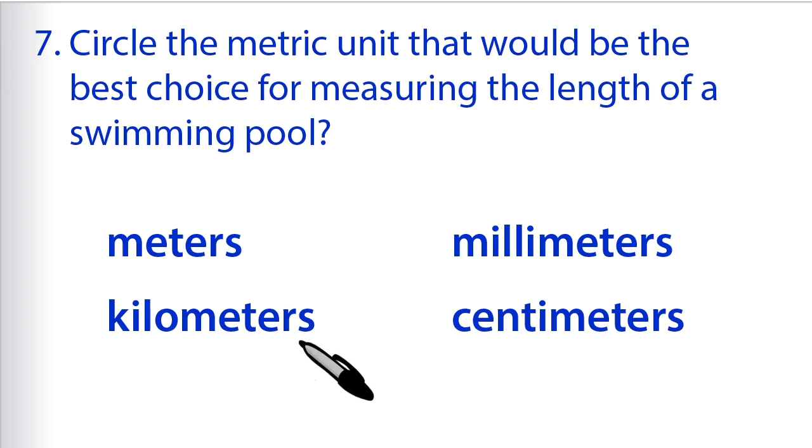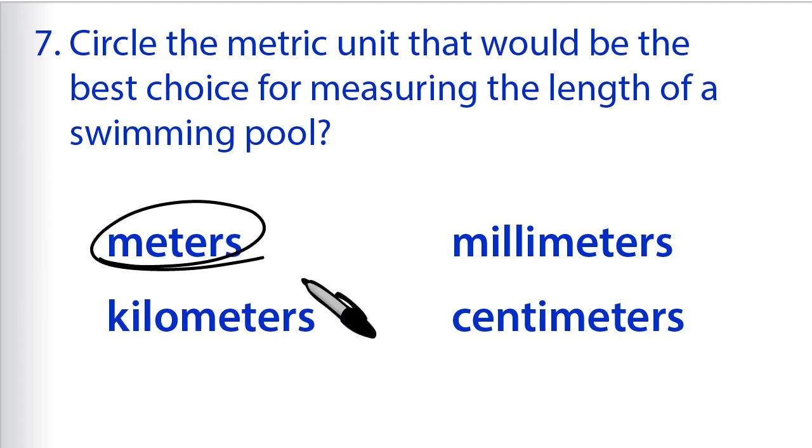A kilometer is way bigger than a swimming pool, so that would not be a great choice to measure a swimming pool. Centimeters are also really small, not as small as millimeters, but you would still get a crazy big number. So I think that meters would give us the best measurement for a swimming pool. I'm going to say meters would be the best choice for measuring the length of a swimming pool.